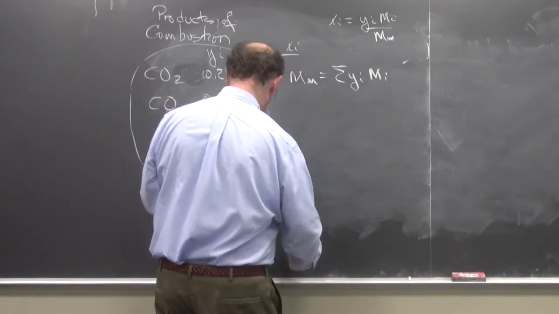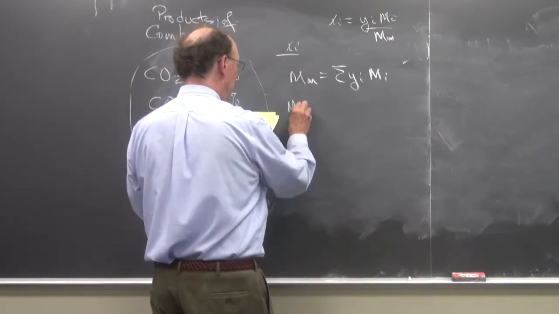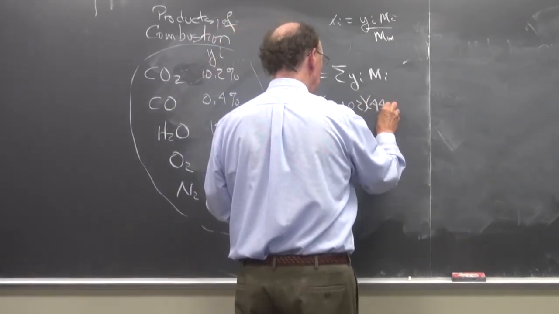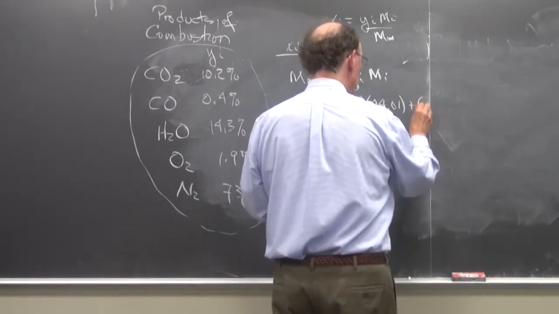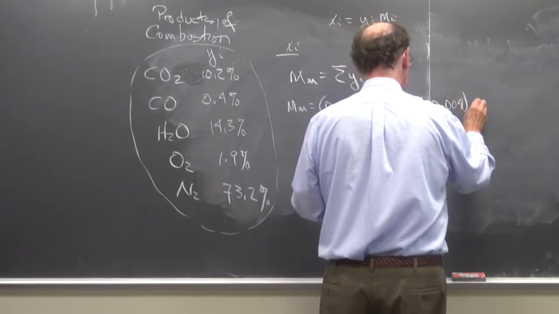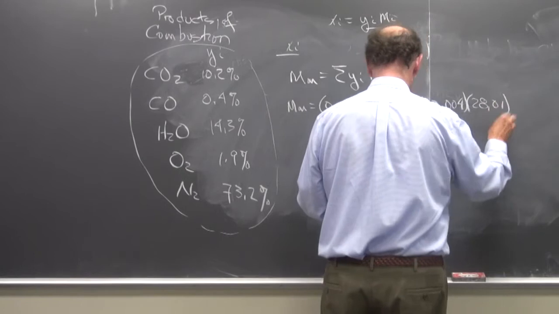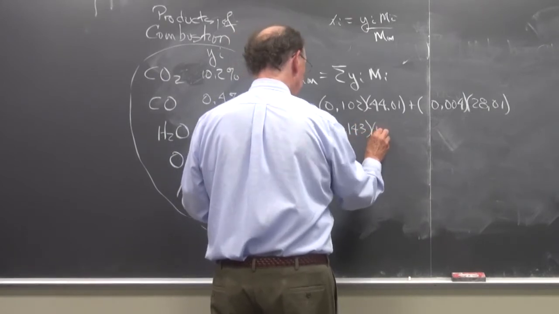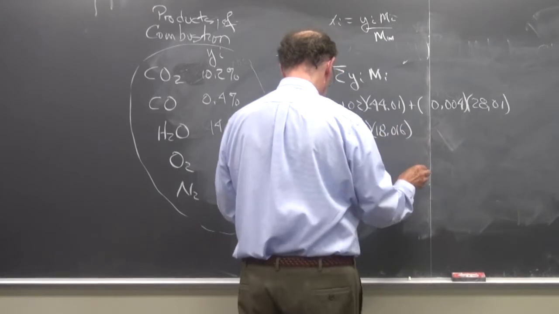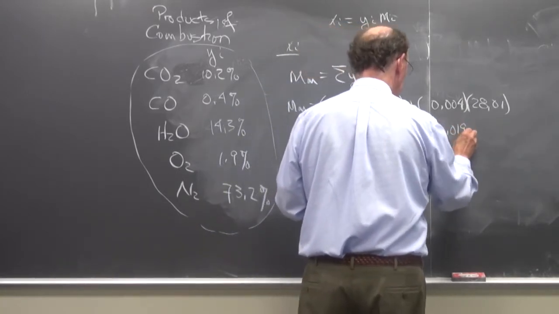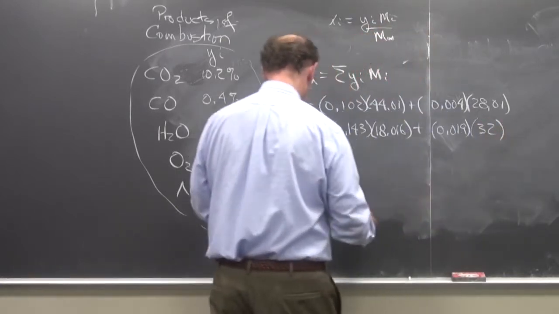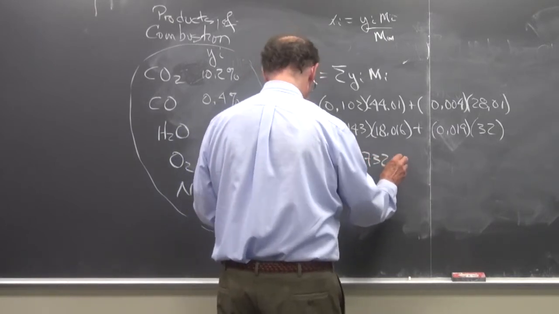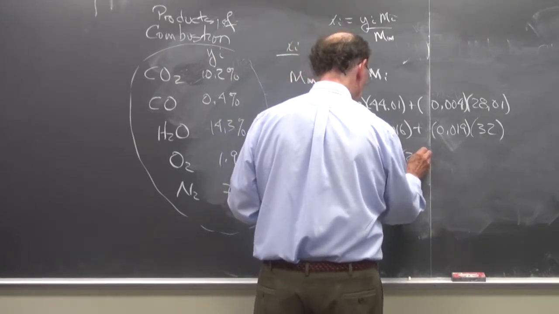If I do that, it's 0.102 times 44.01, plus 0.004 times 28.01, plus 0.143 times 18.016, plus 0.019 times 32, plus 0.732 times 28.016.